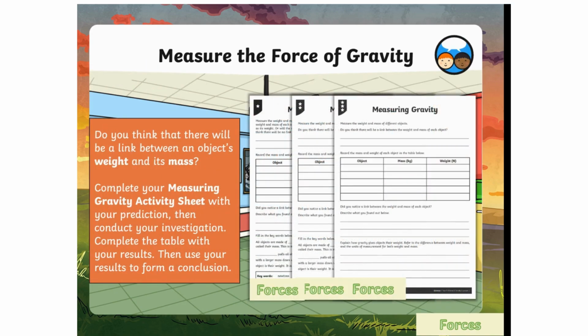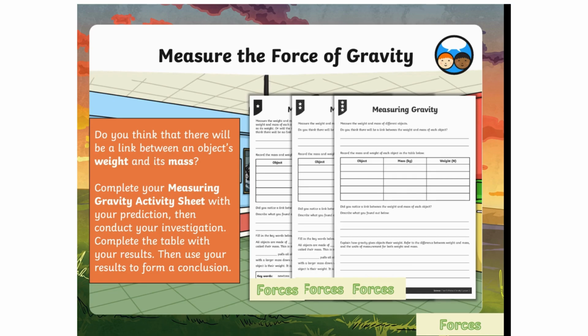Do you think there will be a link between an object's weight and its mass? Complete your measuring gravity sheet with your prediction, then conduct your investigation. You'll complete the table with your results, then use your results to form a conclusion. So I'm going to give you 3 different sheets. Whichever you are interested in, you can definitely use.